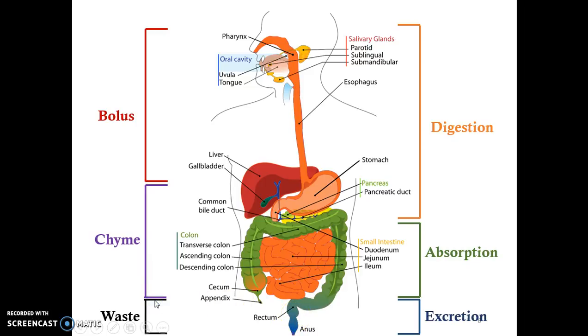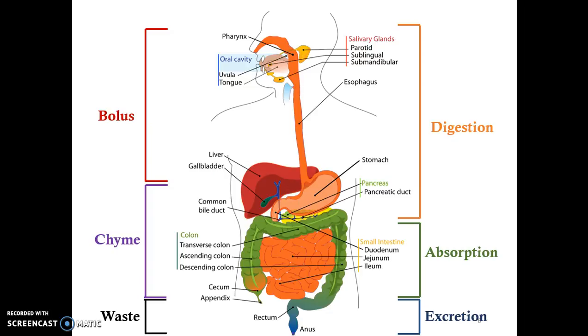I also want to talk about some of the names that our food is given as it makes its way through the GI tract. From the time our food is chewed up in our mouth to when it gets to the stomach, it's referred to as a bolus. Once it enters the stomach, we refer to it as chyme.